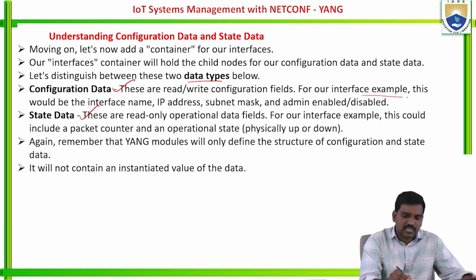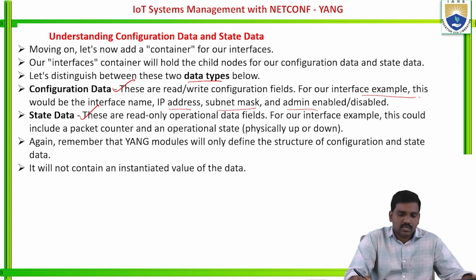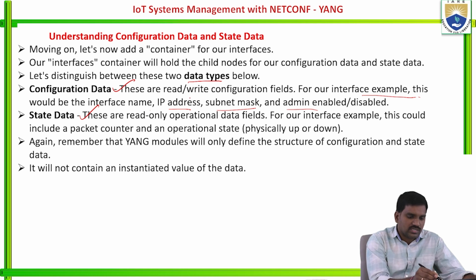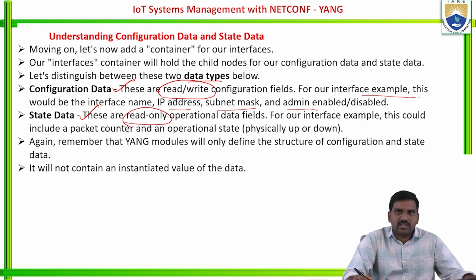For our interface example, this would be the interface name, IP address, subnet mask, and admin state, enabled or disabled. State data defines the read-only operational data fields. So configuration data is read and write, but state data is read-only operational data. For our interface example, this could include a packet counter and operational state, physically up or down.